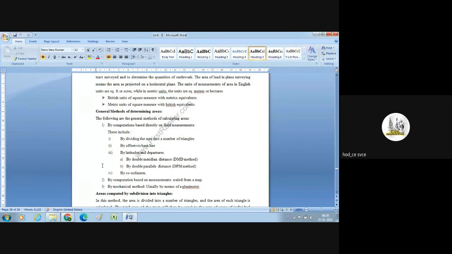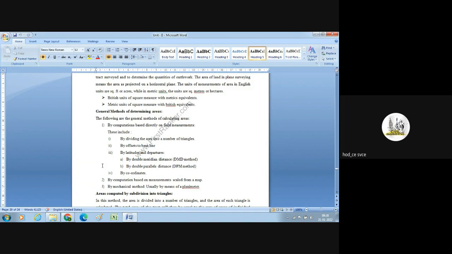For example, if the map has shrunk due to temperature effects, or otherwise expanded, the area you calculate will be wrong, because there is some shrinkage and expansion on the map. That is one of the errors that occurs with maps.